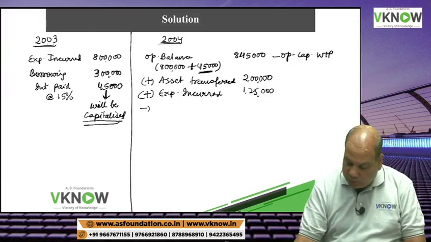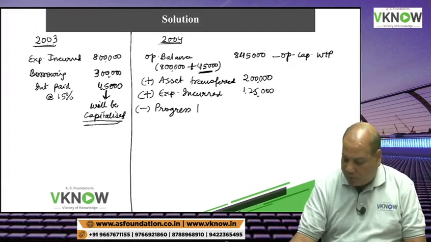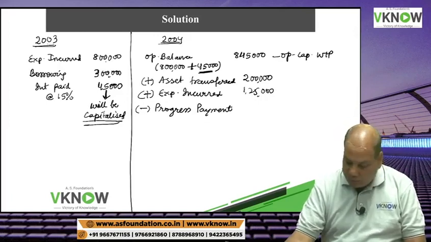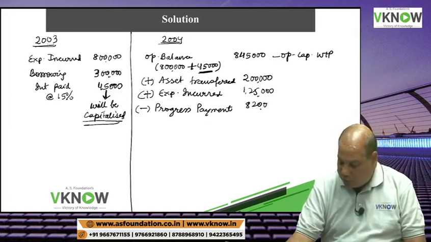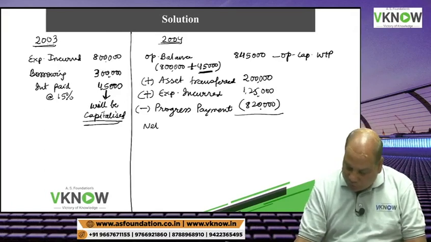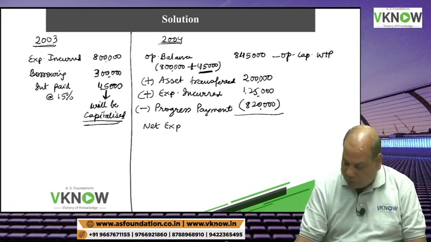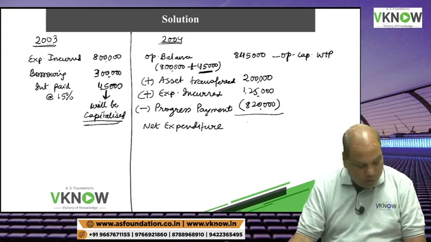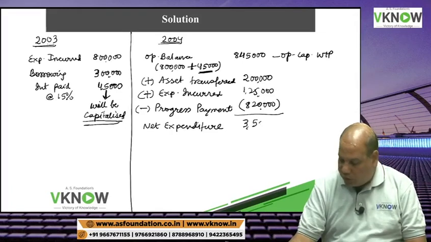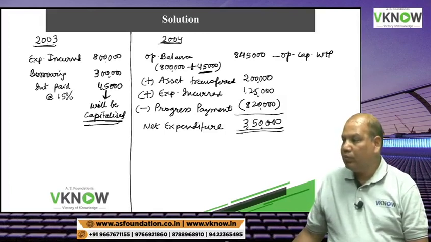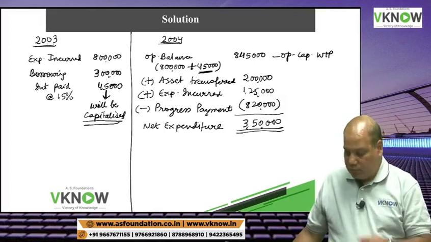But what happened? We also received some progress payment, which was 8,20,000. So now, really speaking, my net expenditure is 3,50,000. Oh my God!